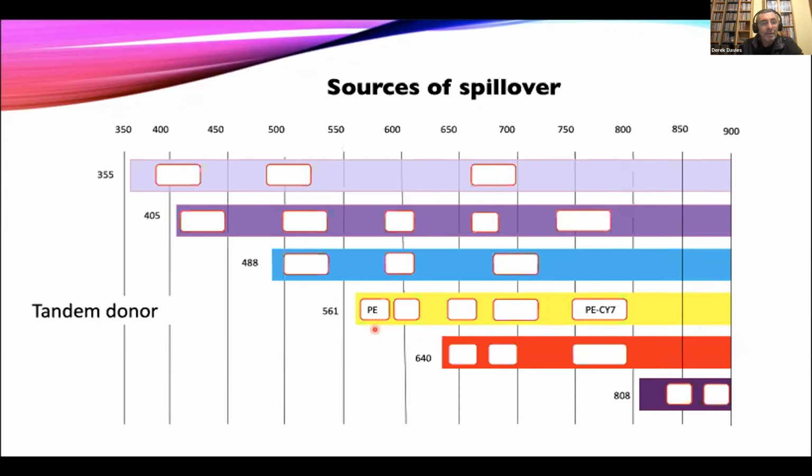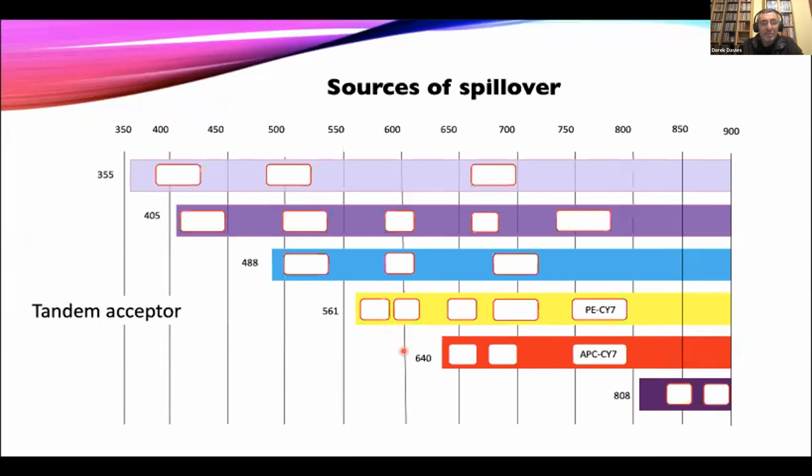So if I've got that combination of fluorochromes, I know that I may have to address the spillover that I get. And then an example of the acceptor dye, PE Cy7. Of course, PE Cy7 is preferentially going to be excited by the yellow laser. But as that cell with the PE Cy7 passes through the red laser, it's not going to excite the PE, but it's capable of directly exciting the Cy7 molecule.